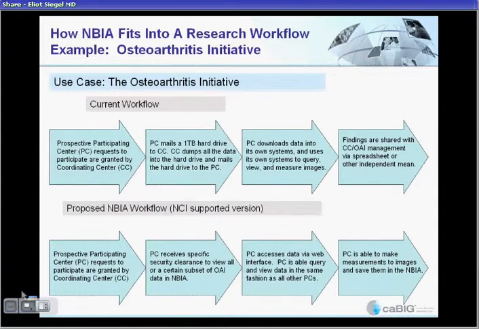As an example, we're using images from the Osteoarthritis Initiative.